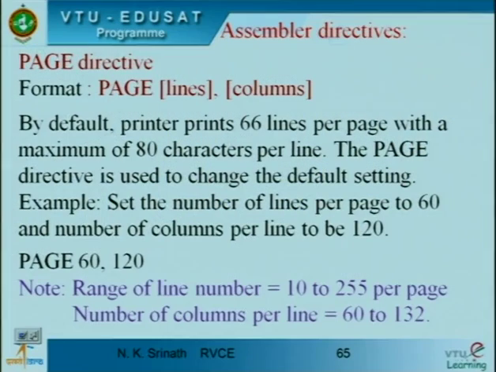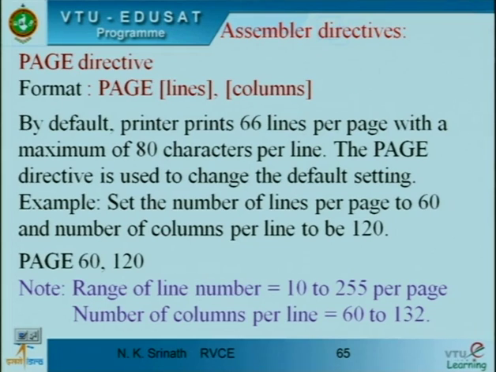With large, the data can be more than 64K but it can be in different segments which are not continuous, whereas with huge, because it is an array, it is continuous and can be greater than 64K. The next assembler directive you give in the program is the page directive. The page directive enables you to specify the size of the page that needs to be printed.